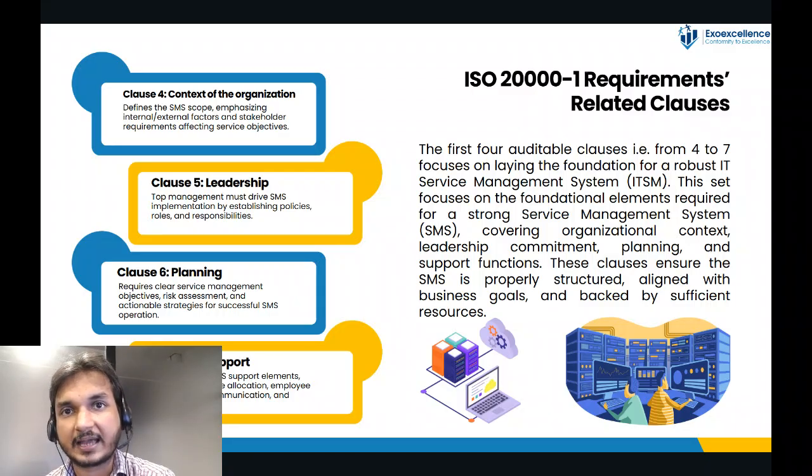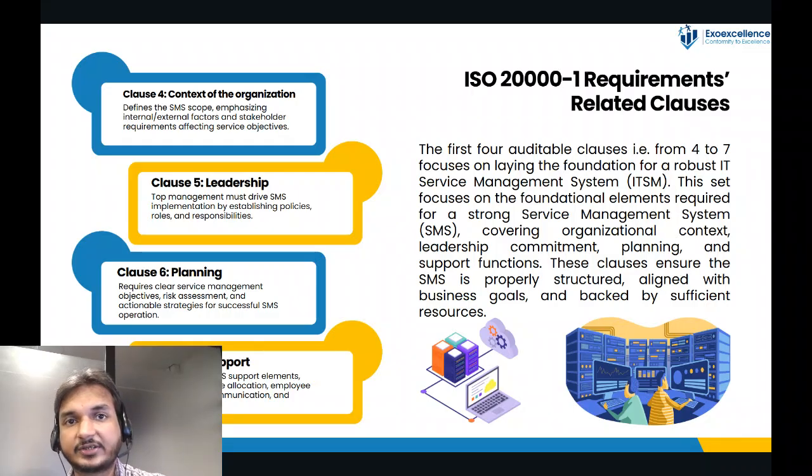So this will help the organization in identifying and meeting the requirements of clauses that are coming later in this standard. Then we have clause 5, which is the leadership.